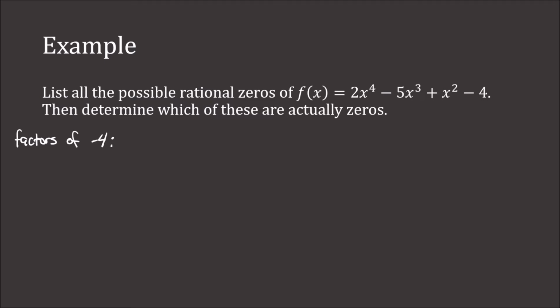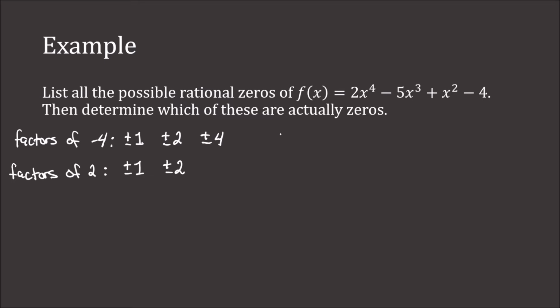So factors of negative 4 would be plus or minus 1, plus or minus 2, plus or minus 4. The factors of the leading coefficient, q, are plus or minus 1 and plus or minus 2.